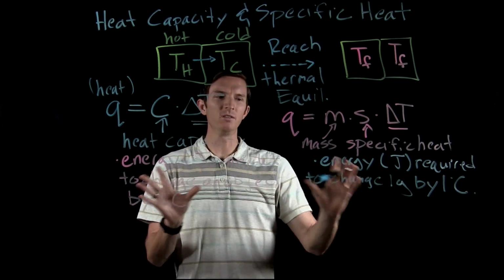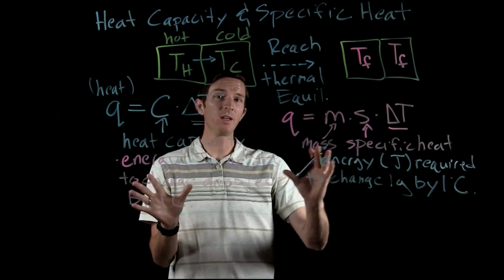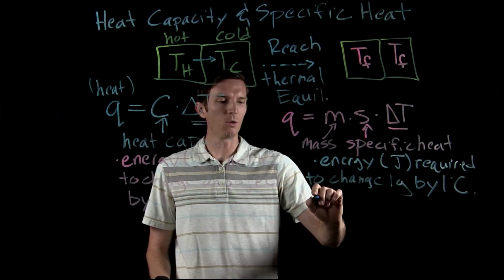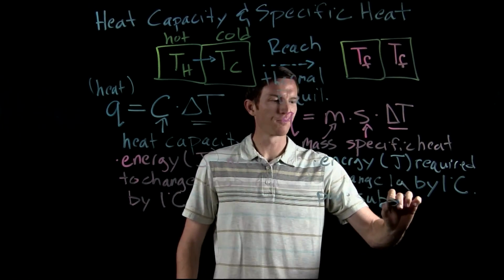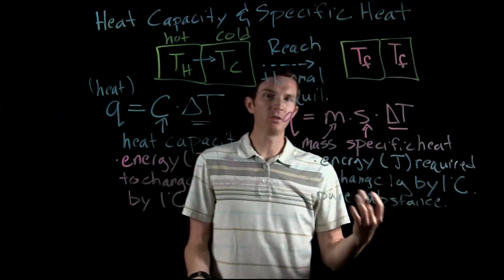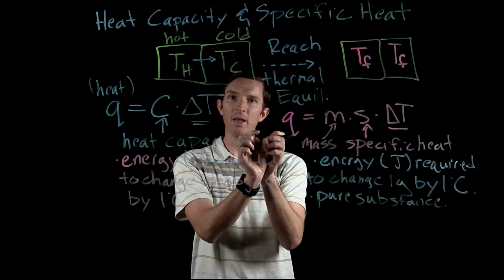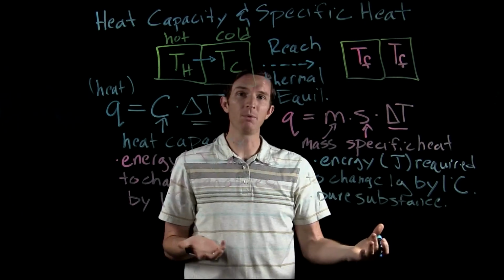So when would we use these two? Let's talk about our specific heat. Specific heat is useful when it is a pure substance. If it's a pure substance, that means if we have 1 gram here and 1 gram here, it's the same thing. That 1 gram is going to take the same amount of heat as this 1 gram to change temperature.